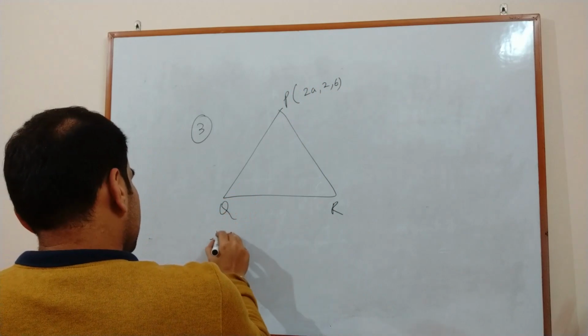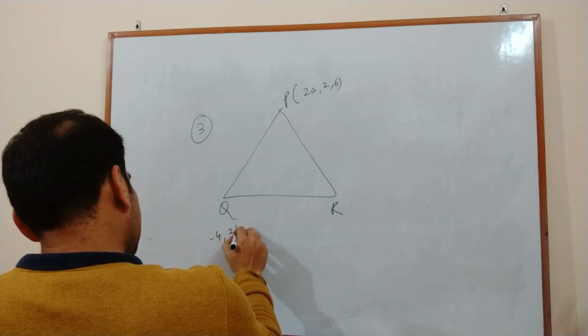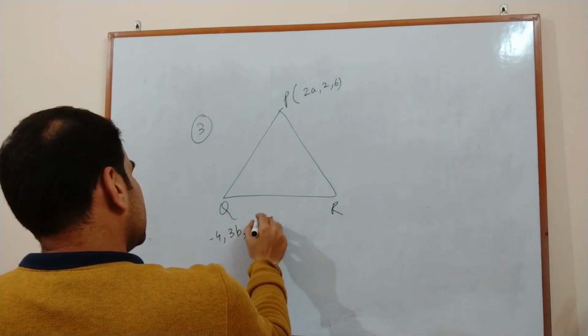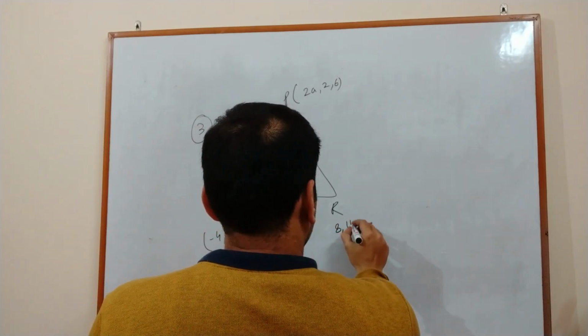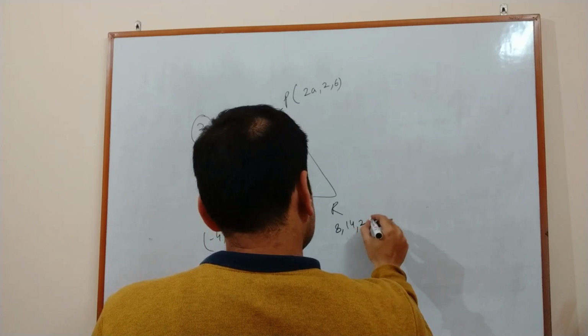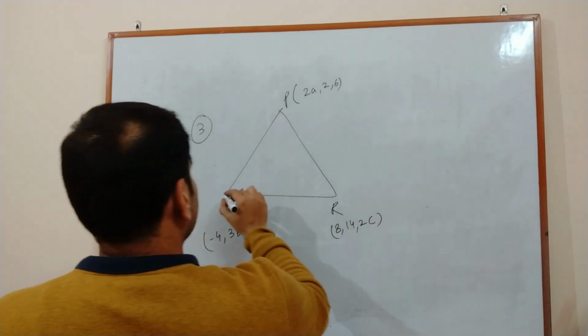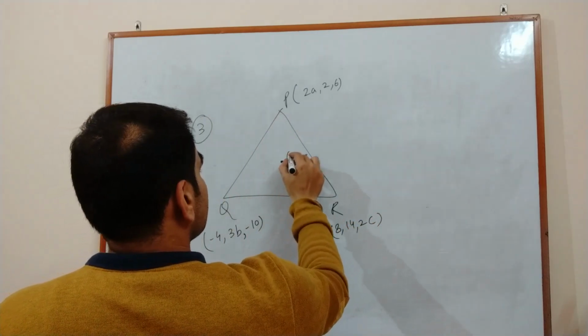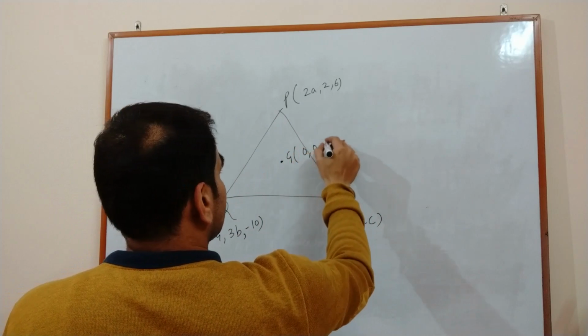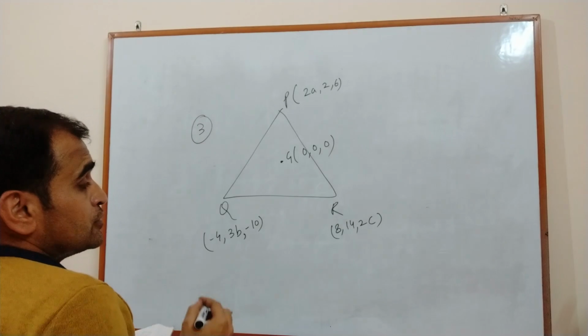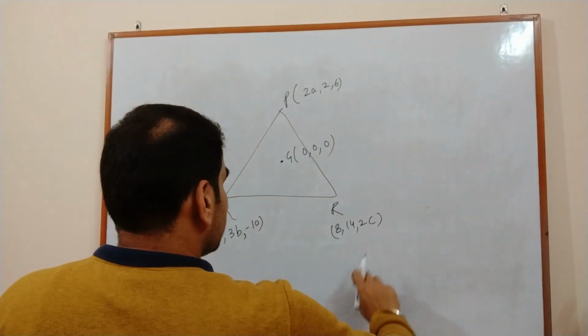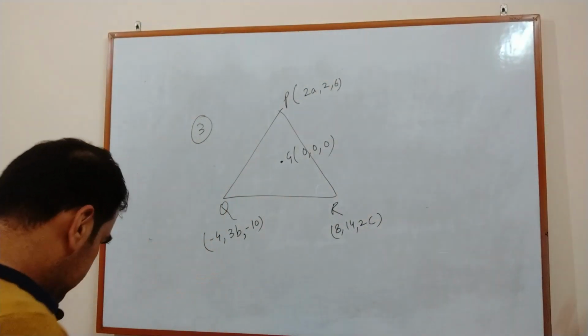This is Q (-4, 3b, -10), and R point is (8, 14, 2c). It is given that the centroid G has coordinates (0, 0, 0). That is, the origin is the centroid. So we simply want to find out the values of a, b and c.